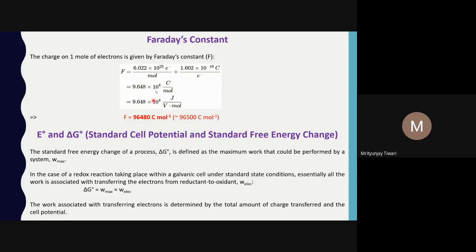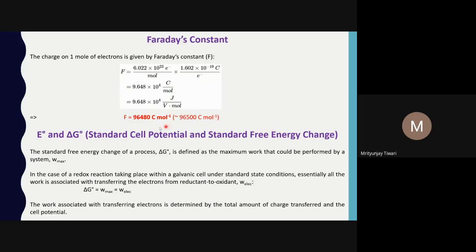This depends on up to what decimal place you take the Avogadro number or even the amount of charge on an electron. So the nearest value that one can find easy to remember is 96480 Coulomb per mole.